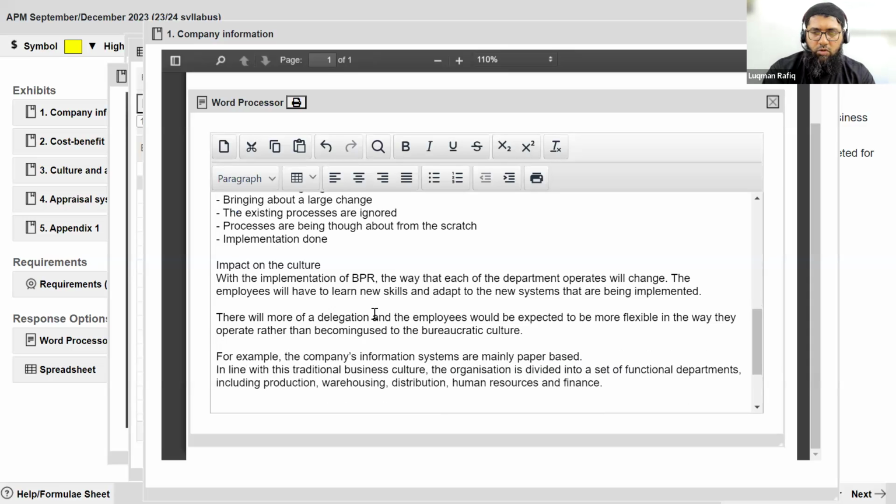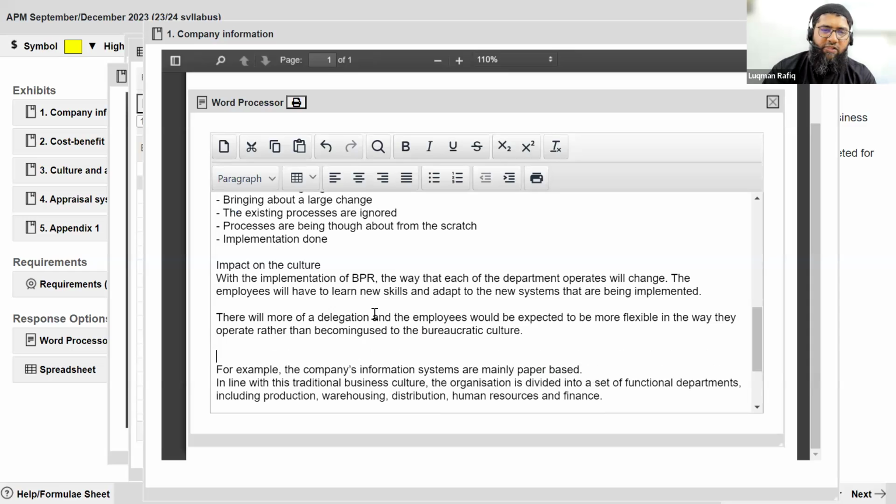So, how would it impact the culture? There would be a change to the way the employees operate within the organization. So you have to incorporate, just a sec.